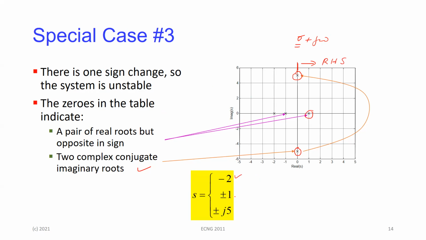This plus or minus 1: the plus 1 part, if s equals plus 1, that is of course here, which is an issue. And then the complex conjugate ones with no real part, that also is an issue.